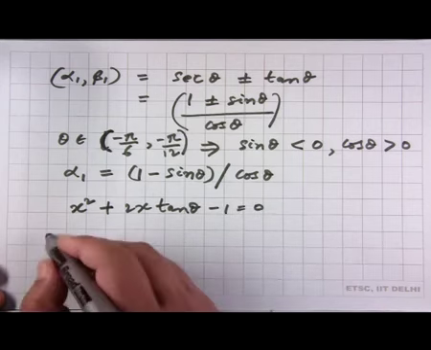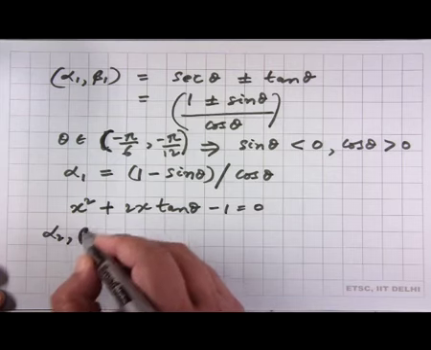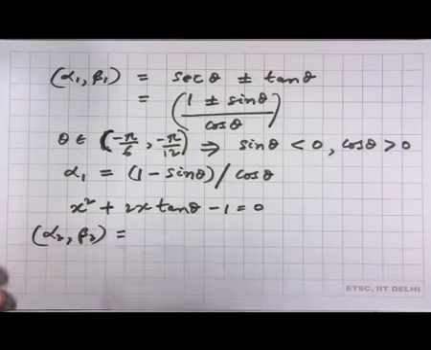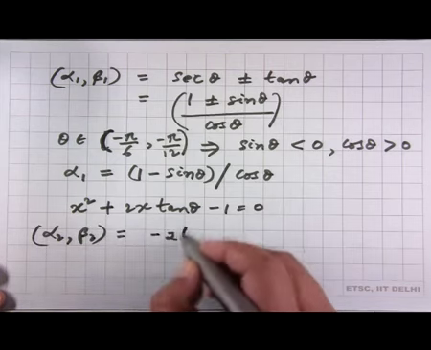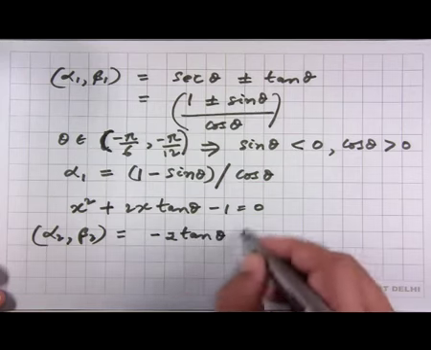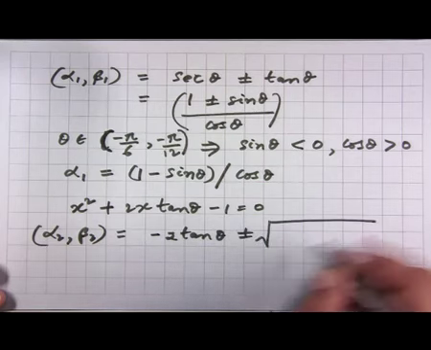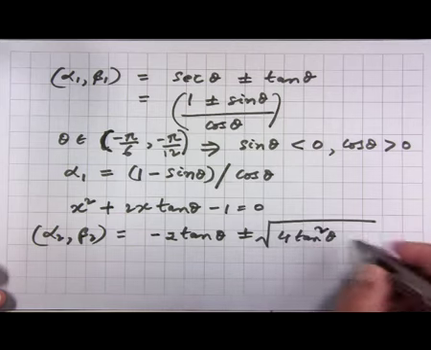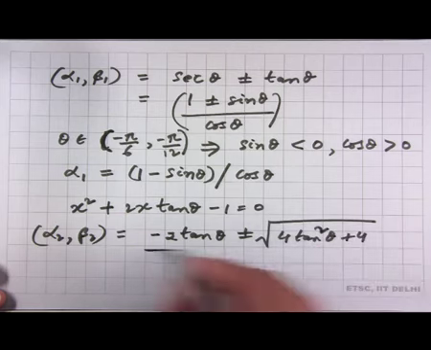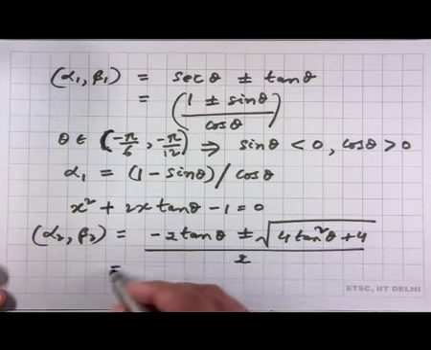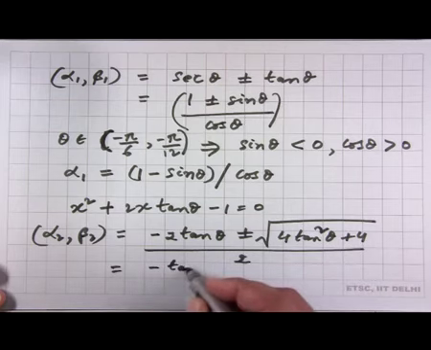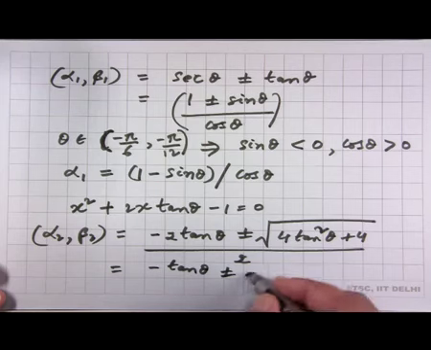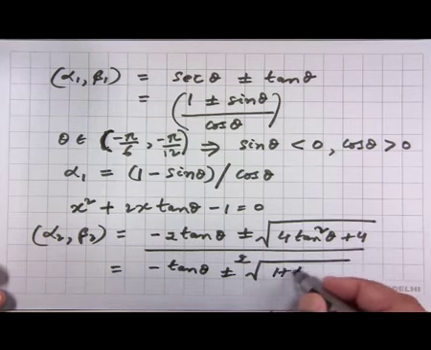So, the two roots of this equation are alpha 2 and beta 2, which are equal to minus 2 tan theta plus minus square root of 4 tan square theta plus 4 over 2, which is equal to minus tan theta plus minus square root of 1 plus tan square theta.